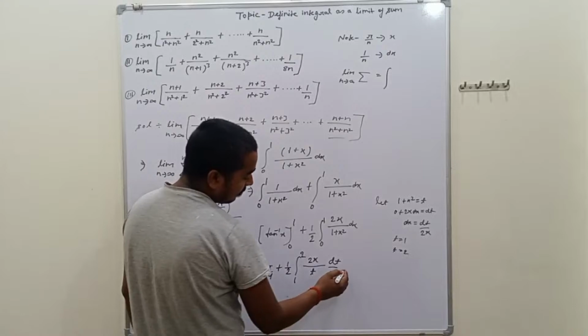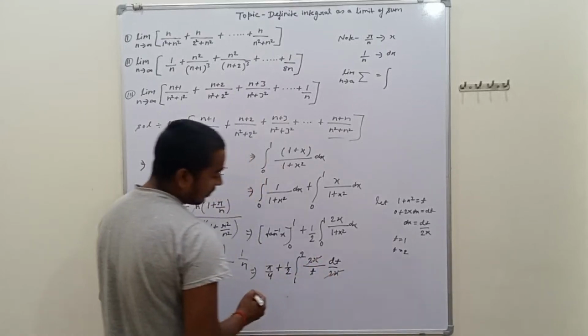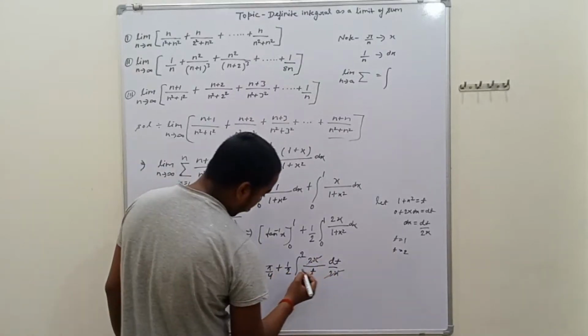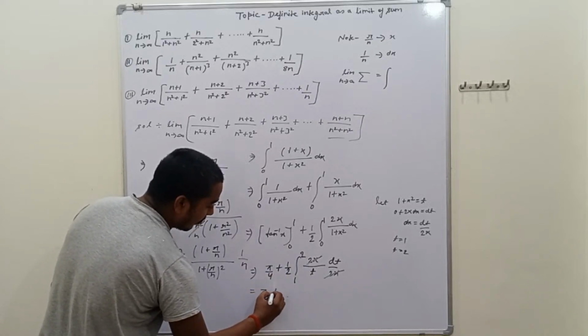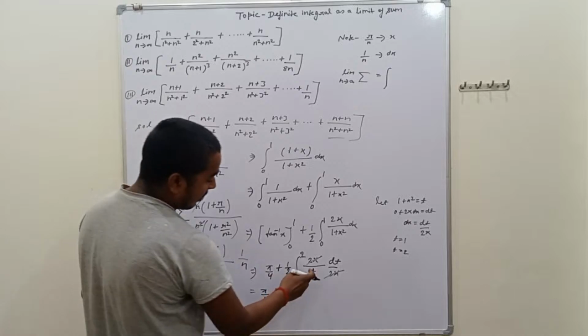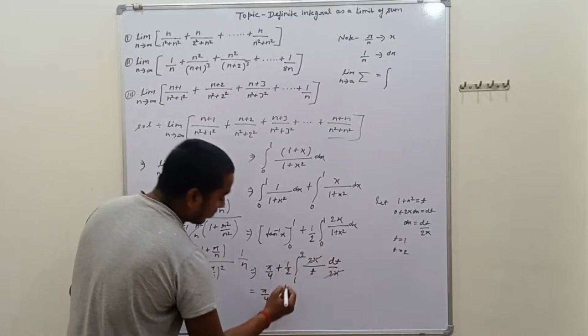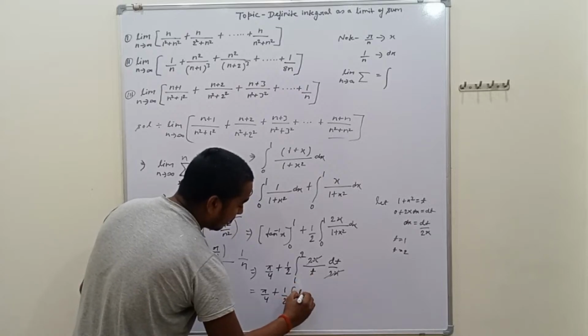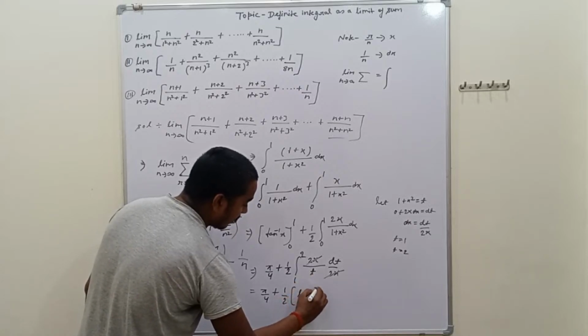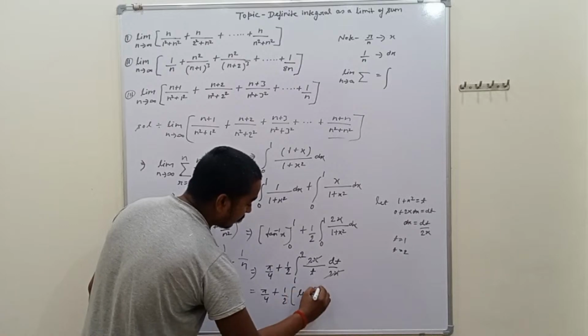From here 2x and 2x cancel out, and the remaining is pi by 4 plus, when integrating with respect to t, 1 by 2 log of t, limit is 1 to 2.